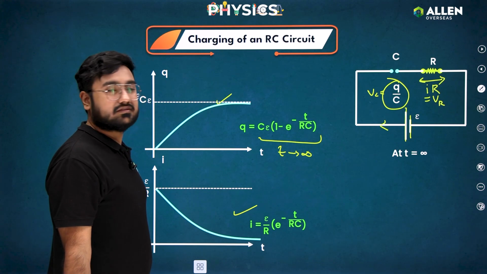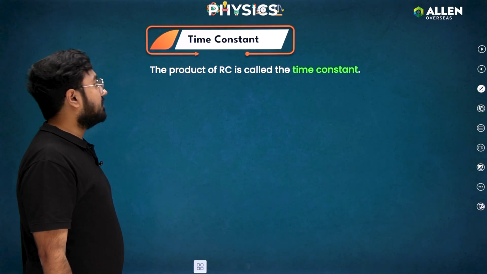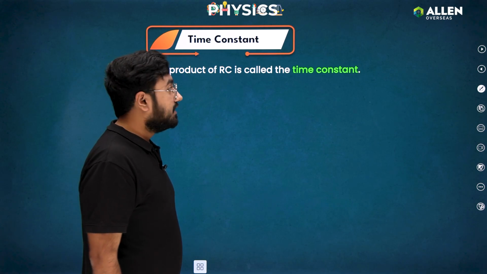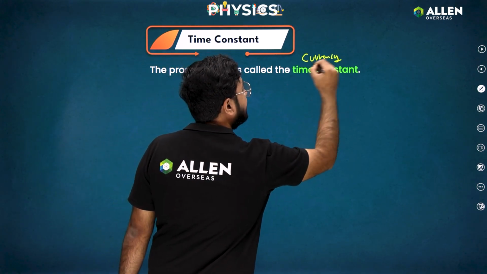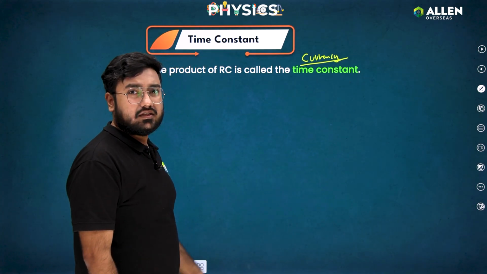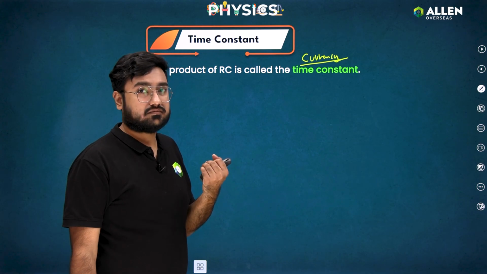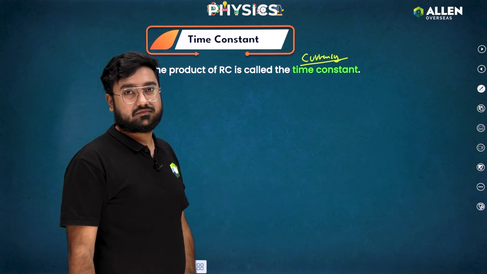Alright, interesting. Moving ahead, let us talk about time constant. The product of RC is called time constant. Now this is a currency which will tell you how much the circuit has been charged, or where the circuit is at which instant.